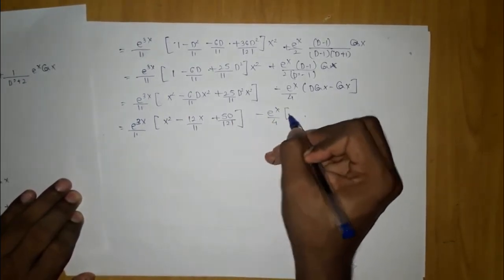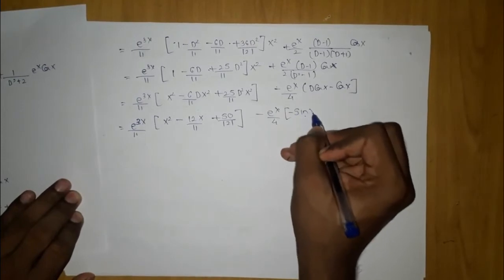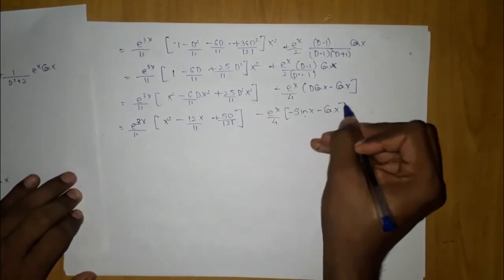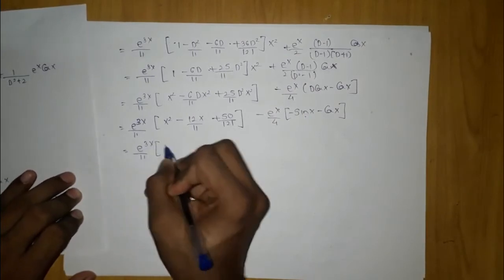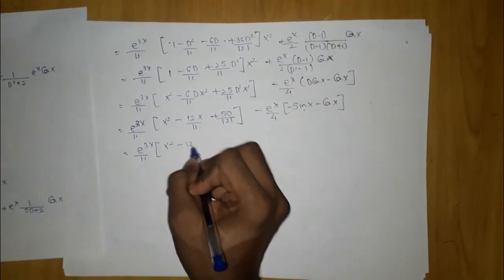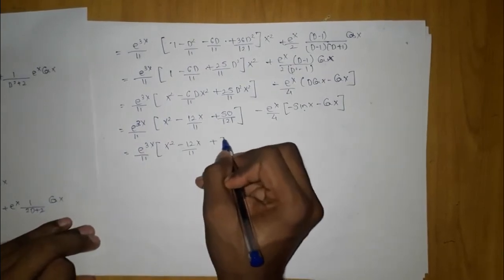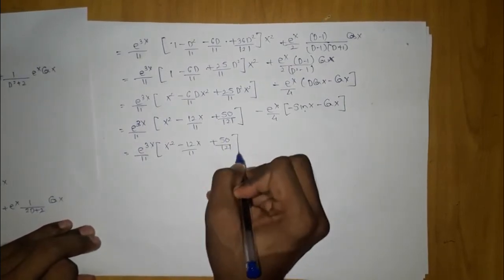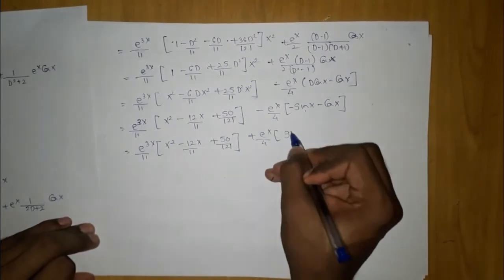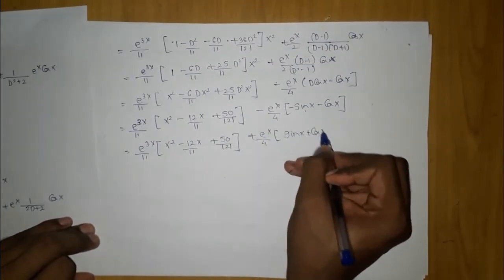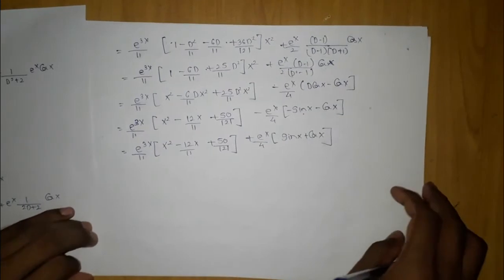If this is differentiated, it will become minus sin x plus minus cos x. If we take the minus outside and write it again, e to the power 3x by 11 bracket x square minus 12x by 11 plus 50 by 121 bracket, plus e to the power x by 4 bracket sin x plus cos x. So hope you have understood each and every step.